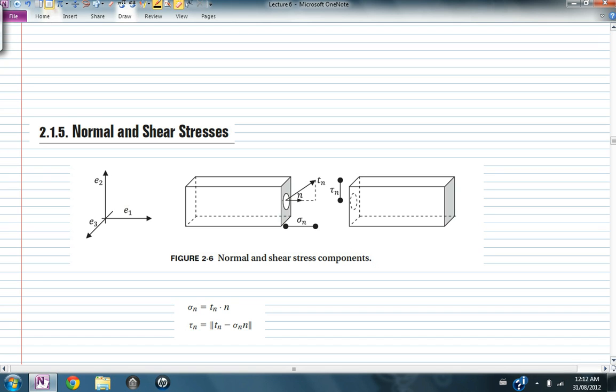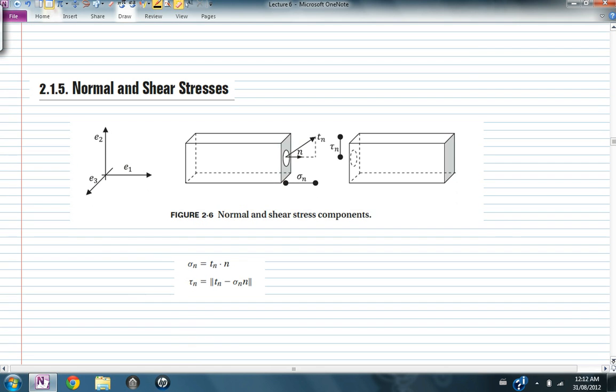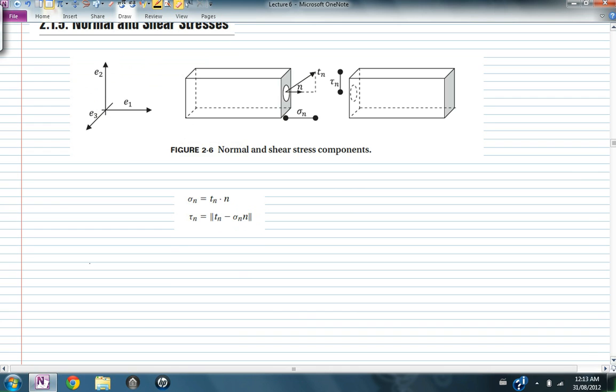And the shear stress is actually the remaining component. So let's revisit the orthogonal projection that we studied in the linear algebra part. If I have, this is my unit vector that's perpendicular to the area, and this is Tn.